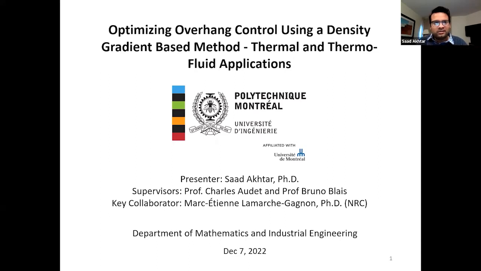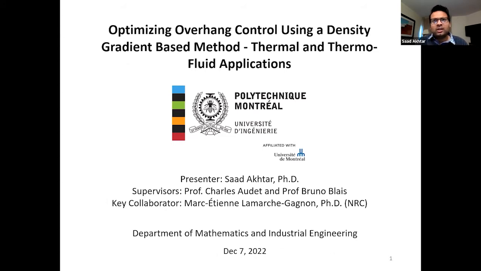So today, the topic of my webinar is an overview of most of my postdoctoral work at GERAD. I worked on optimizing the overhang control using a density gradient-based method, and we applied it to both thermal and thermo-fluid applications.